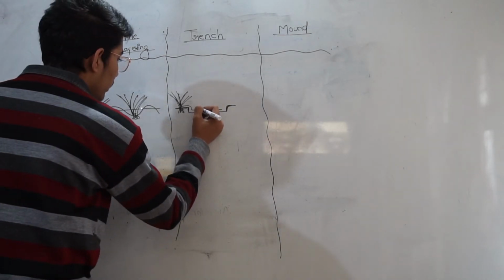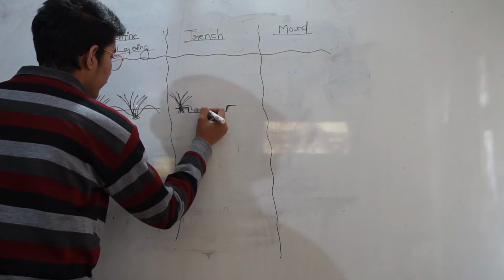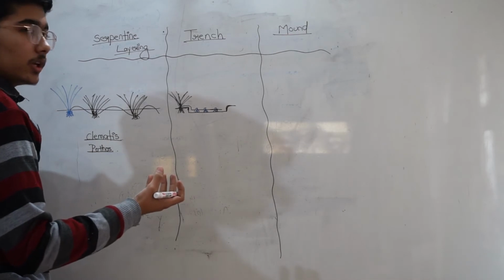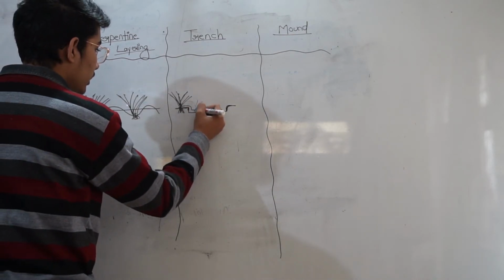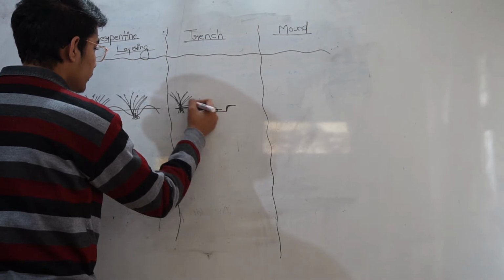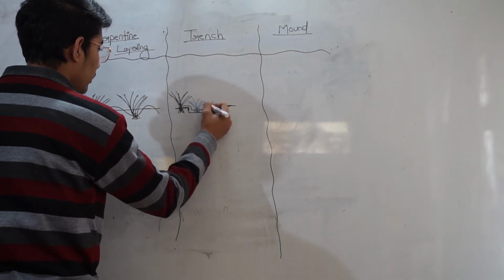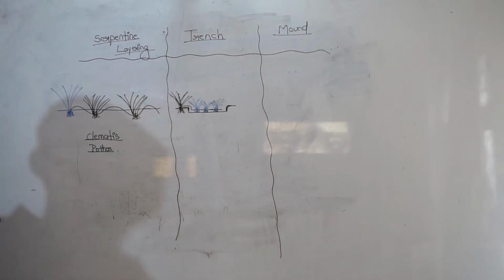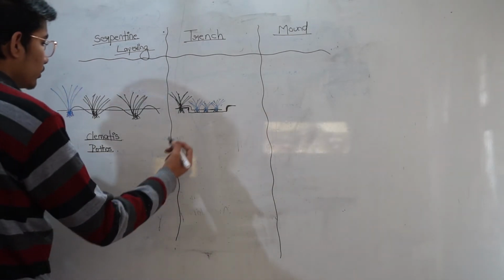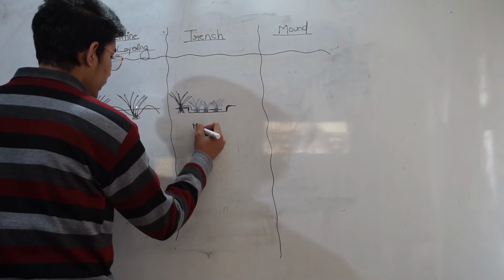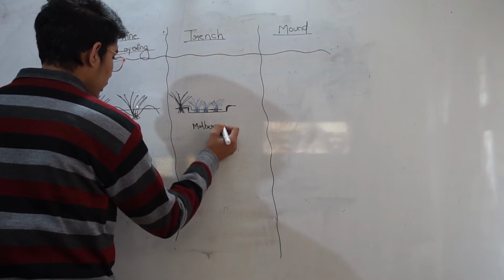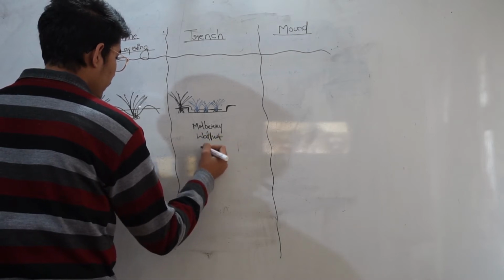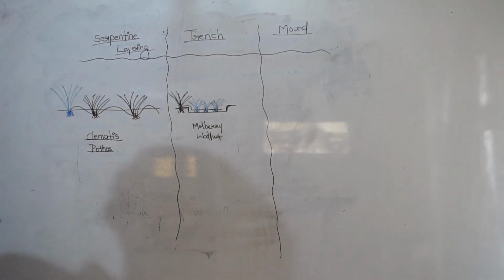Now let's say there is a bud, we will place the bud here, and after this the bud will sprout and form a shoot system like this. Now some examples. Trench layering is shown by the mulberry and also by the walnut. These are the two examples associated with the trench.